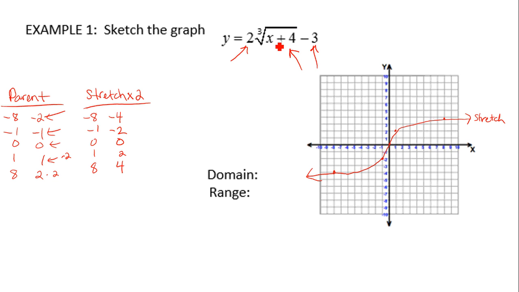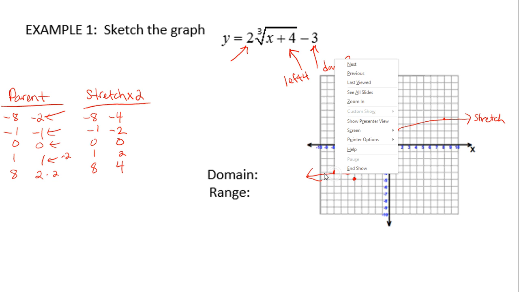So remember, inside's a +4. I'm going to go left 4 and down 3 with each of those dots. So left 4, down 3 with the 0, 0 dot. Left 4, 1, 2, 3, 4, down 3, 1, 2, 3, this dot. This dot right here going left 4. Ooh, I can't fit it on the graph, right?